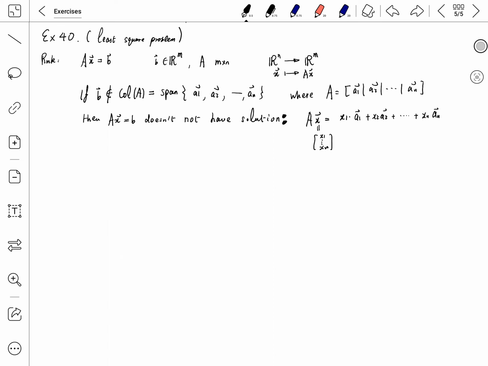And so Ax equals b has a solution means b is a linear combination of the ai, which means b is in the column space of A. If it's not in the column space of A, then this does not have a solution. So in this case, we talk about the best approximation for a solution.